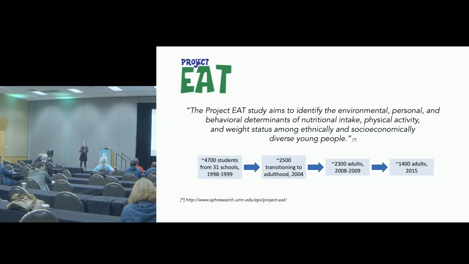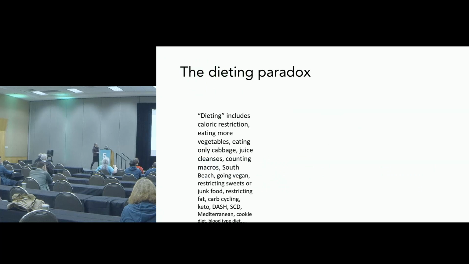So one way to try to deal with some of these public health problems is to go back and look at people's actual behavior. Because when medical professionals say diet and exercise, well, what do teenagers actually do? And what do teenagers actually think?